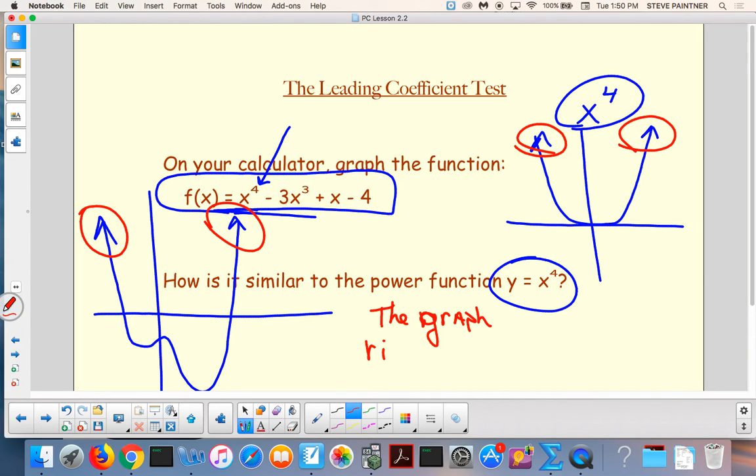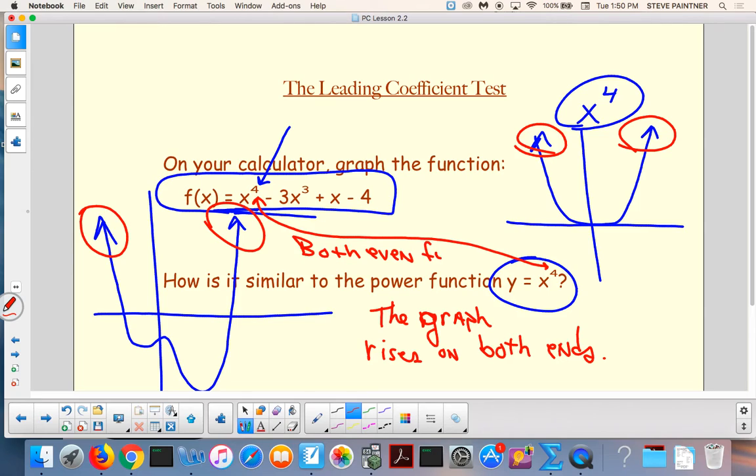On both sides. Okay? Both ends. Period. You're also supposed to be saying this. They're both what? They're both even, aren't they? They're both even functions.